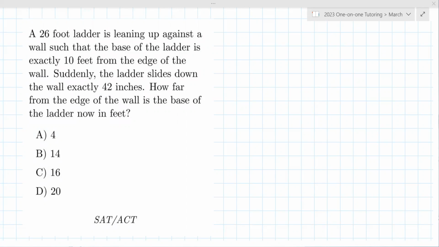So 26 equals 20.5 squared plus 10 squared, and then 676 equals 420.